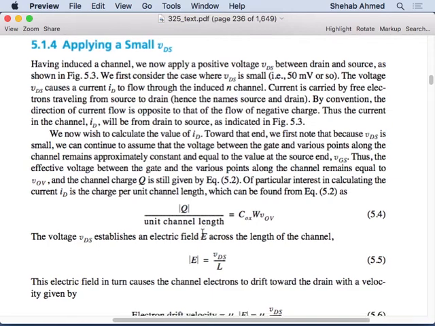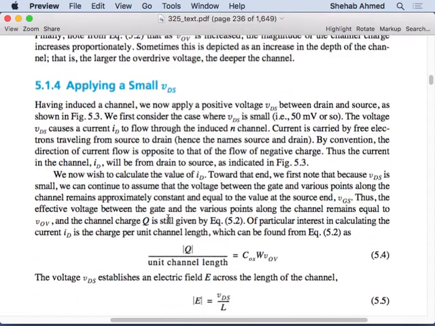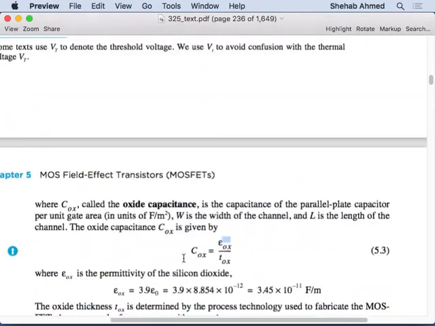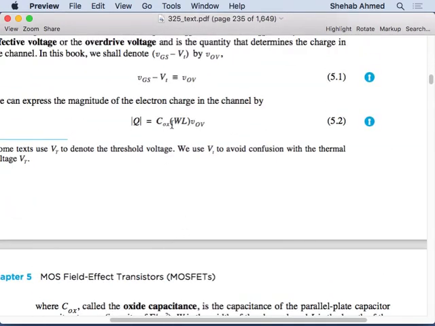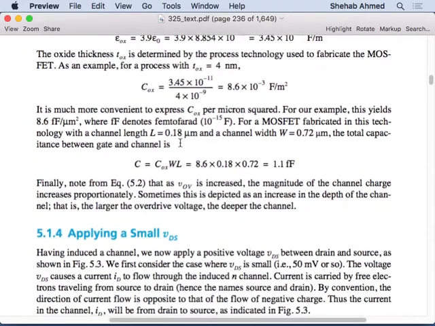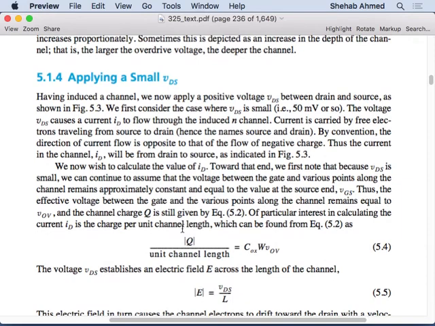So we already calculated how much charge. If I now take this charge from this equation and divide it by unit length, I removed the L from here. I kept the W, but I divided by L.